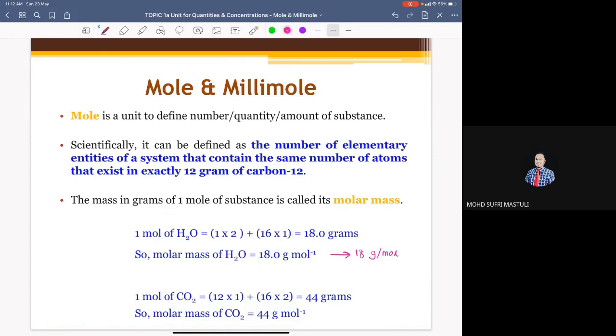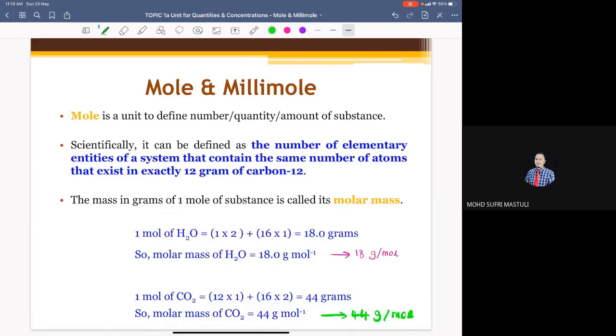This 44 gram per mole can also be written as 44 g/mol. Okay.